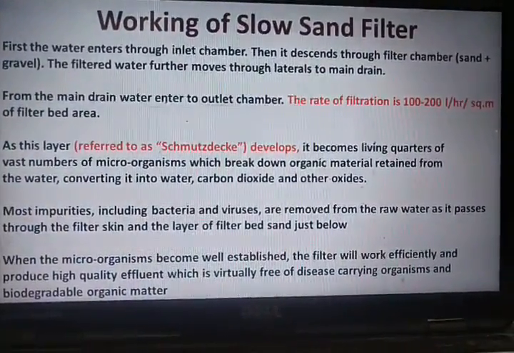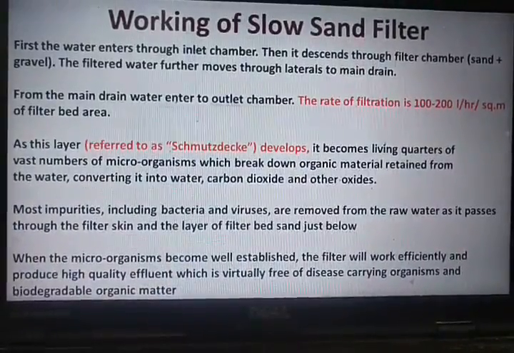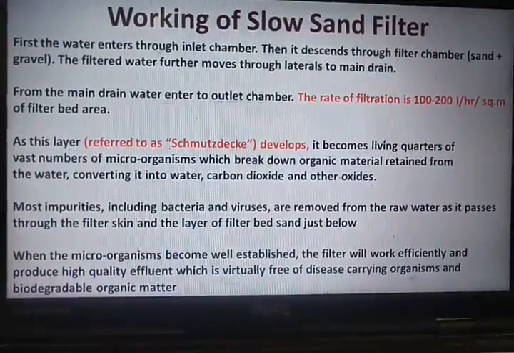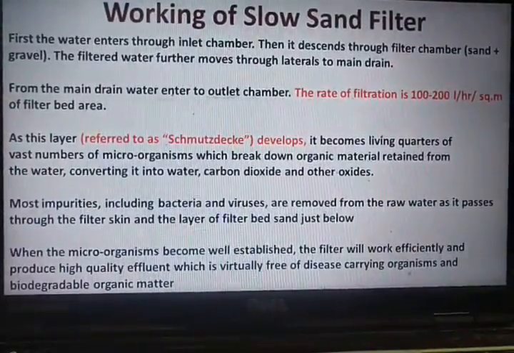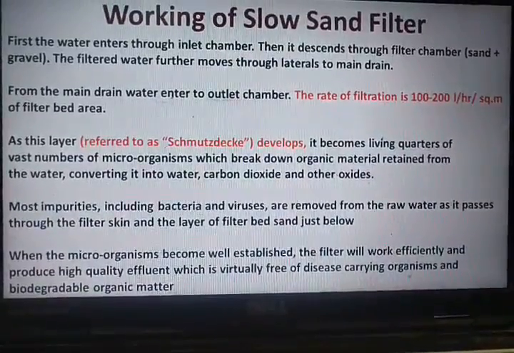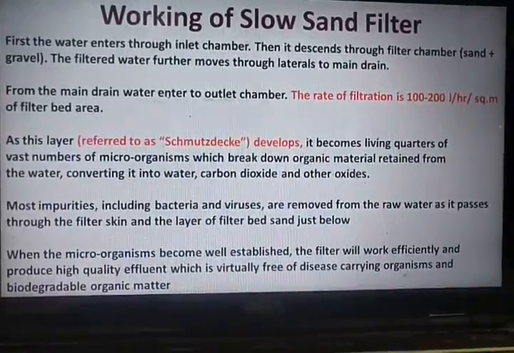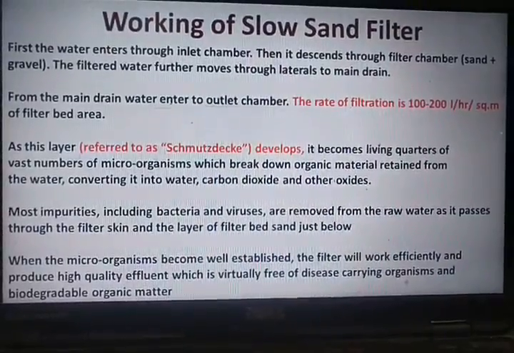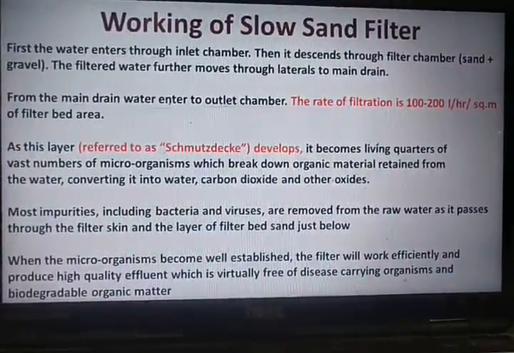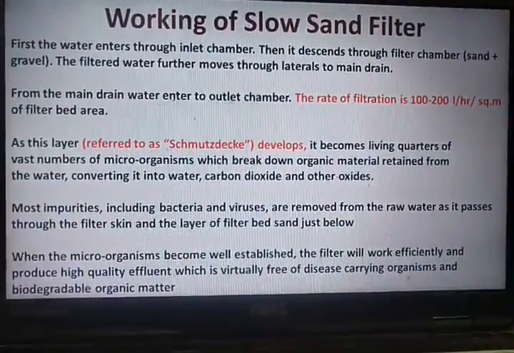That means when the water enters this inlet chamber, it slowly descends to the filter chamber, that is sand plus gravel. Then the water moves through the lateral drains to the main drain. That means with the help of a number of under drainage pipes, the water will enter the central main drain through which the water is taken to the next level of treatment.